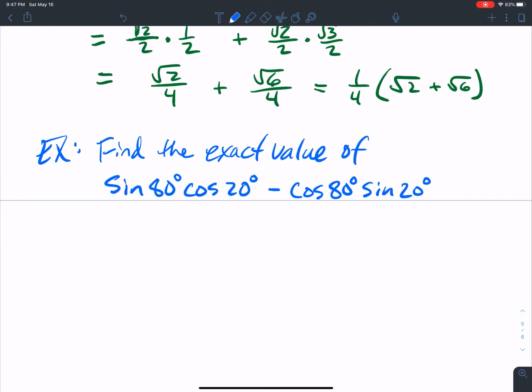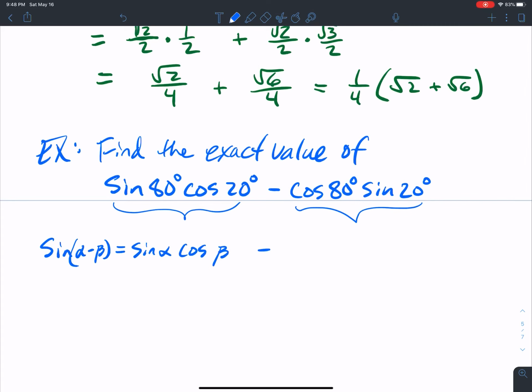So which one involves multiplying sines and cosines and then subtracting the multiplications of sines and cosines? That formula is the sine difference formula, okay? So if you think about it, the sine of alpha minus beta is the sine of alpha times the cosine of beta minus the cosine of alpha times the sine of beta.